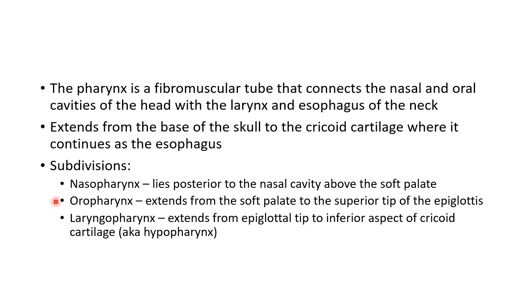The oropharynx would be the region of the throat or pharynx posterior to the mouth, and the laryngopharynx would be the region of the pharynx posterior to the larynx, and it starts from the tip of the epiglottis to the cricoid cartilage.